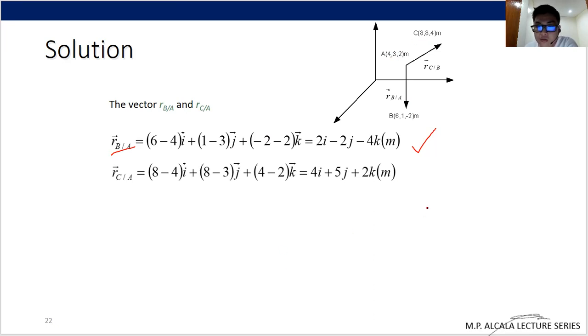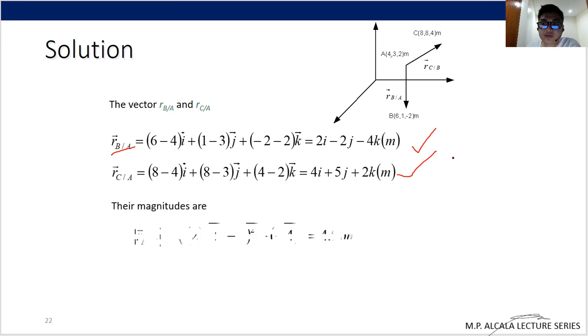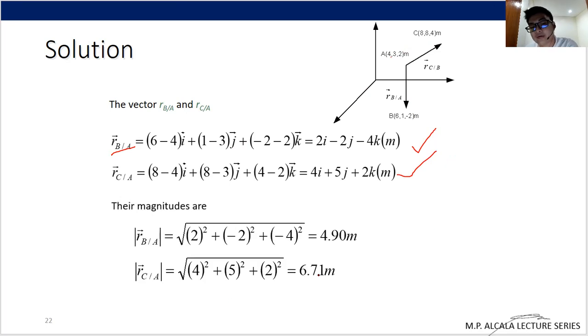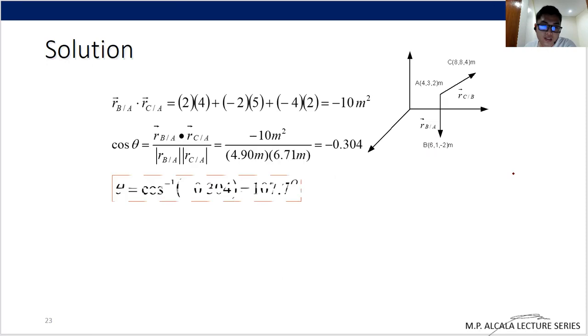Okay? So, basic. Next. Their magnitudes are equivalent to the following, from the Pythagorean theorem. Tama? Correct. Okay? Next. So, simply getting the dot product.